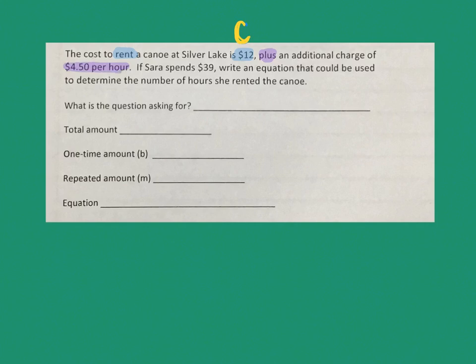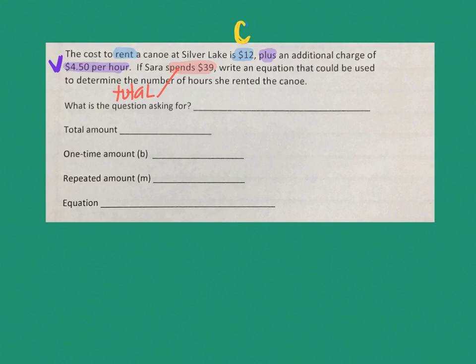Since that says it's happening over and over and over again, every hour that I keep it, that is going to be my variable. And then it says she spends, which means that's going to be her total, $39. That's going to go by the equal sign. That's my total.